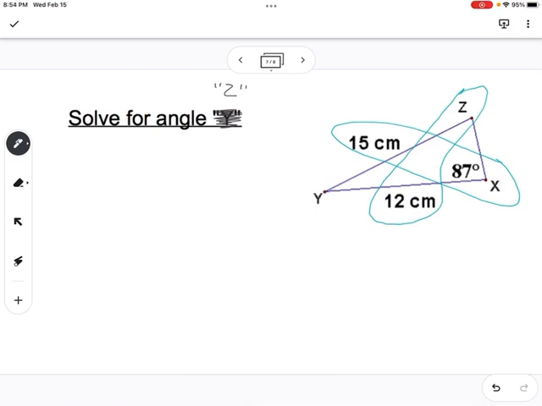Okay, solving for an angle, we write sine A over A equals sine B over B. So the sine A that we are solving for is our angle Z. So we write sine Z over, and side Z is 12.